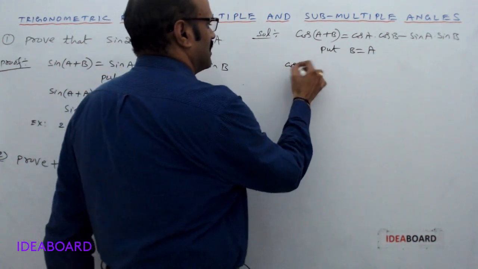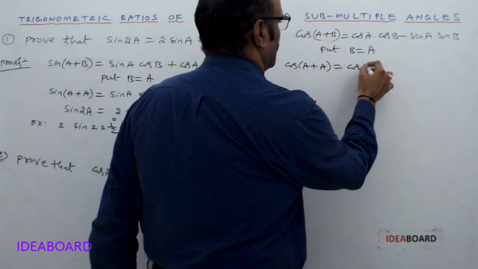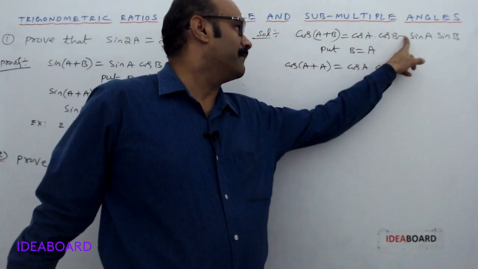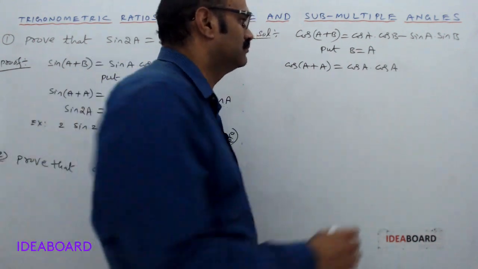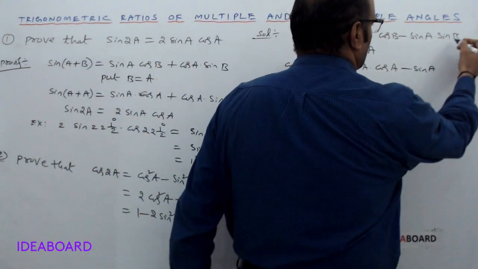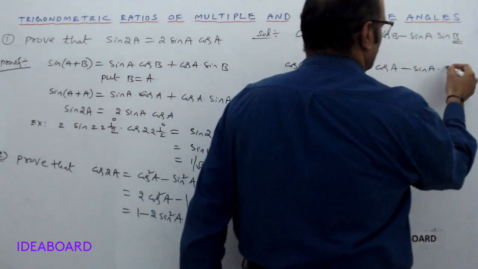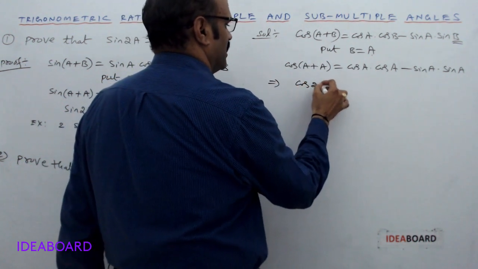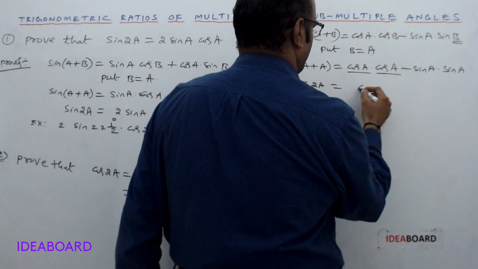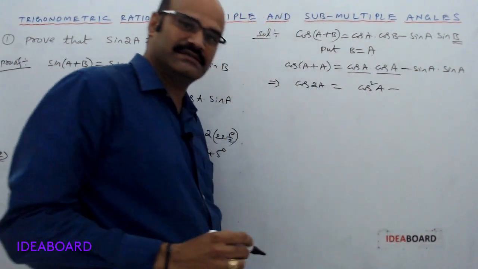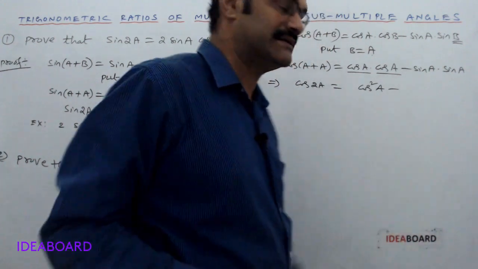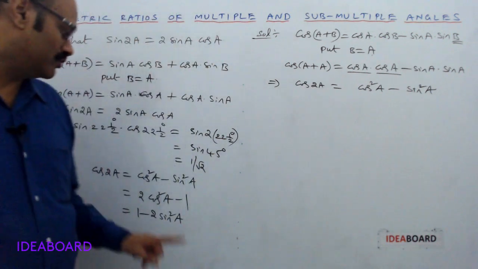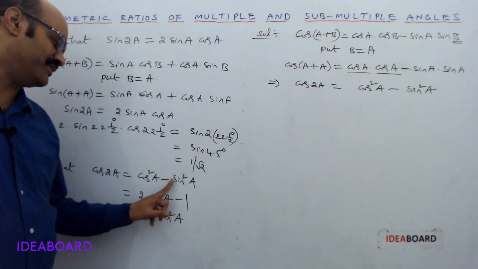Then we get cos of A plus A equal to cos A into cos A minus sin A into sin A. A plus A is 2A, so cos square A minus sin square A. Therefore, cos 2A equal to cos square A minus sin square A.